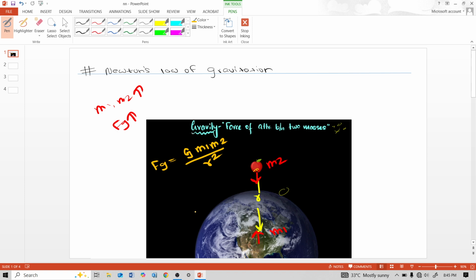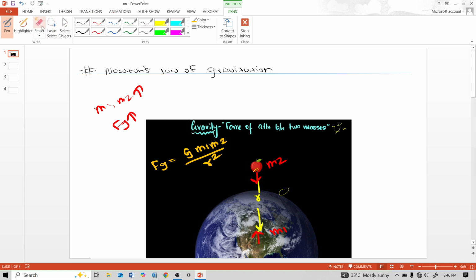Remember, G is a gravitational constant, m1 is the mass of earth, m2 is the mass of apple, and r is the centroidal distance between the apple and the earth, between both of these masses.